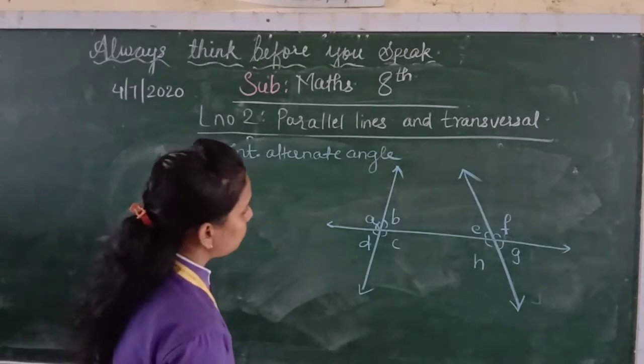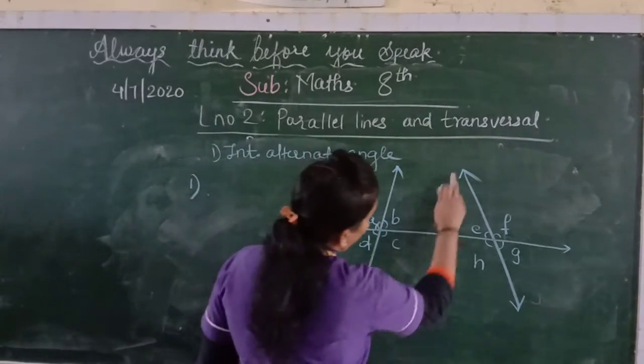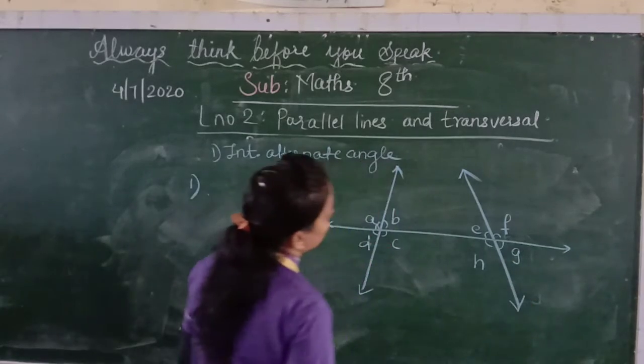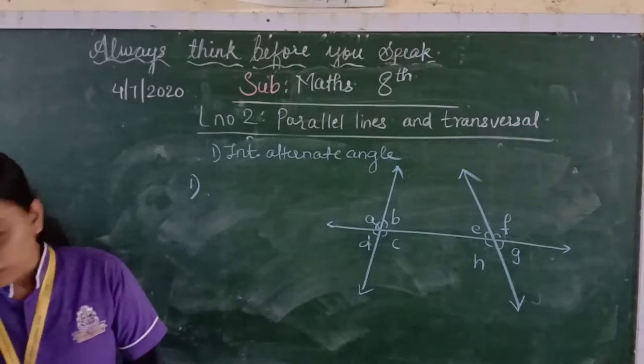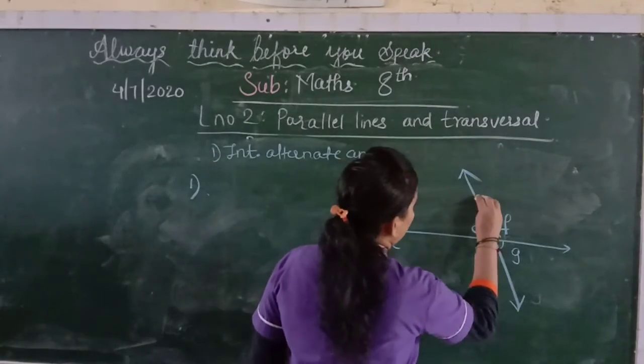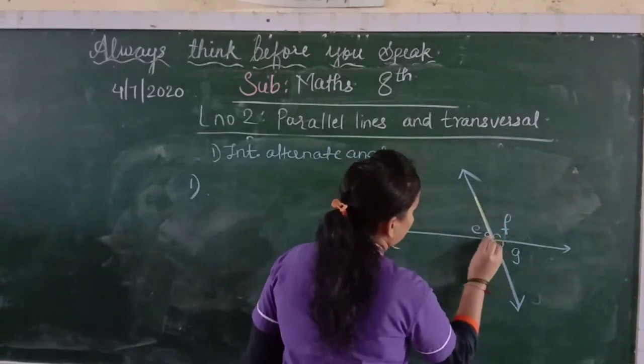So which are the interior alternate angles over here? If you see, these two are parallel lines, this is the transversal. So for interior alternate angles, you have to see the Z how they are following.